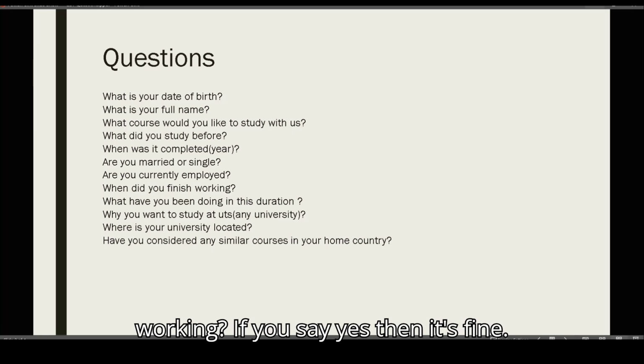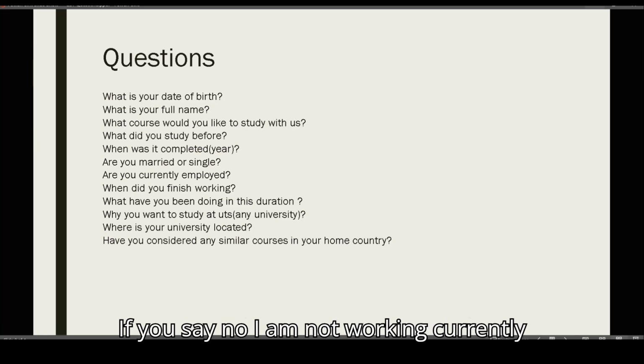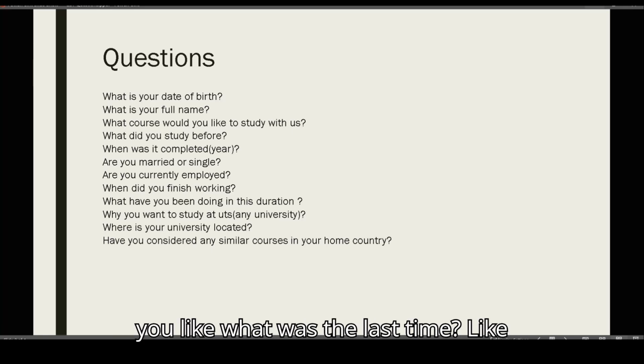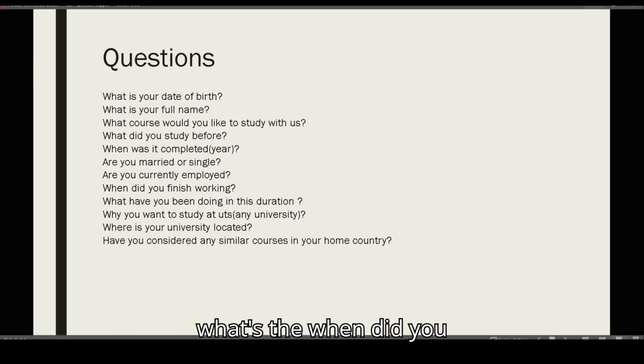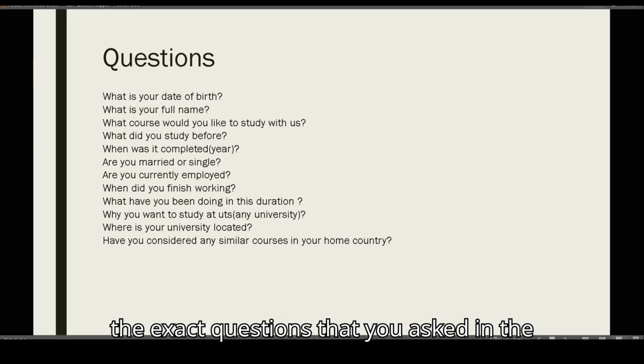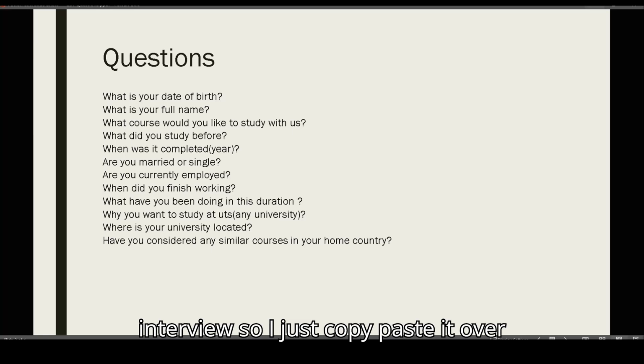If you say yes, then it's fine. If you say no, I am not working currently, then they're going to ask what was the last time, when did you resign from your work, that is, when did you finish working. These are the exact questions that he asked in the interview, so I just copy pasted them over here.